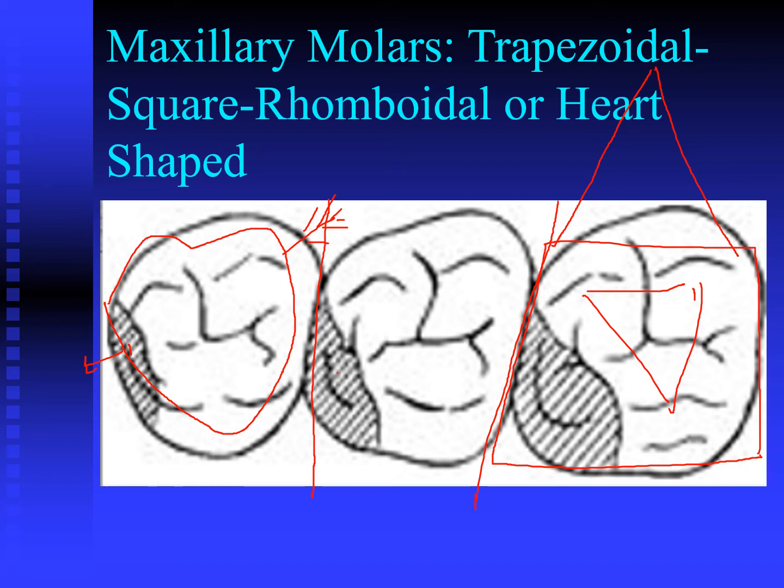The oblique ridge on the second molars is less prominent, more often crossed by a transverse groove of the oblique ridge or even the central groove, and we make a transition from rhomboidal to trapezoidal on the first molar, to rhomboidal to heart-shaped on the second molar, and then the third molar can be any configuration. There's a lot of variation in third molars. So if we talk about tooth identification, I will not make you identify a third molar as such.